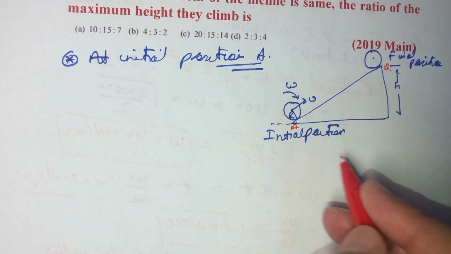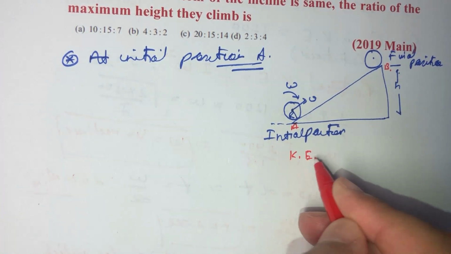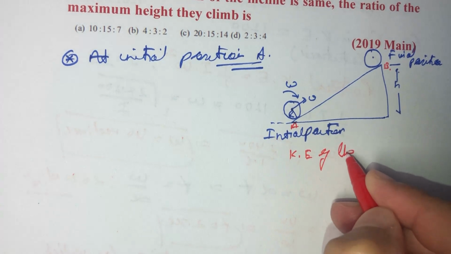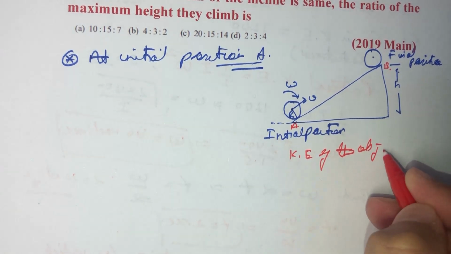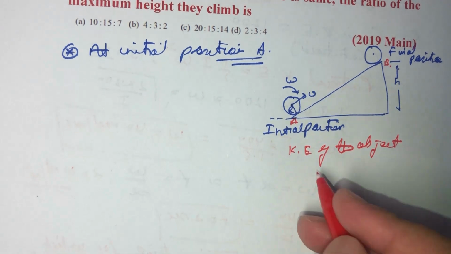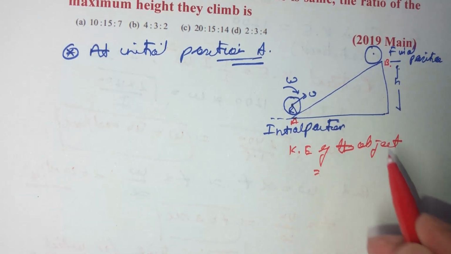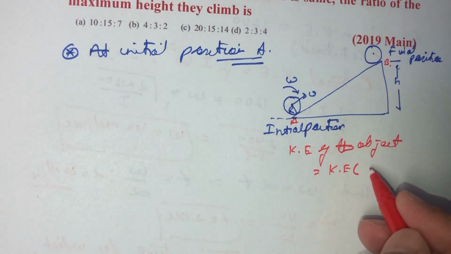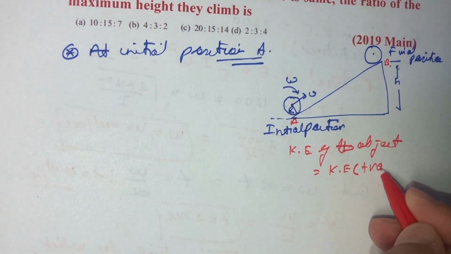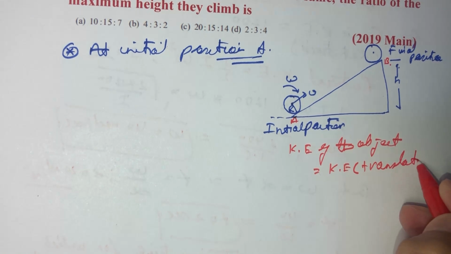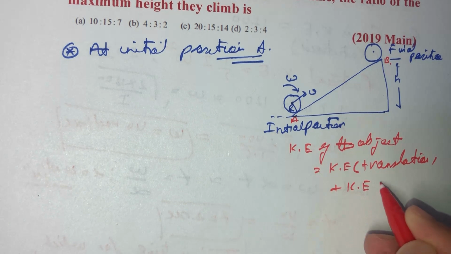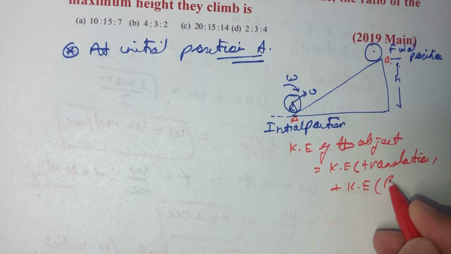So we can say the kinetic energy of the object will consist of two parts: kinetic energy because of the translation motion plus kinetic energy because of the rotation.